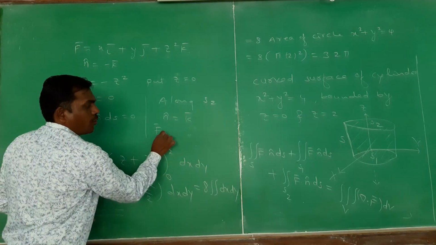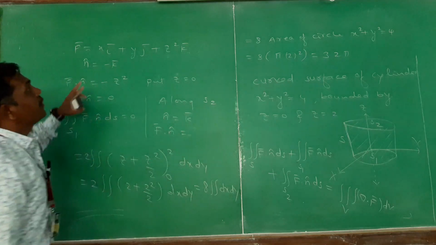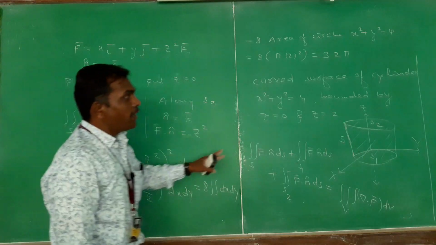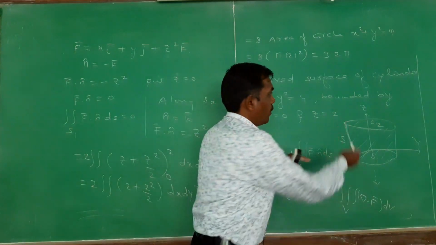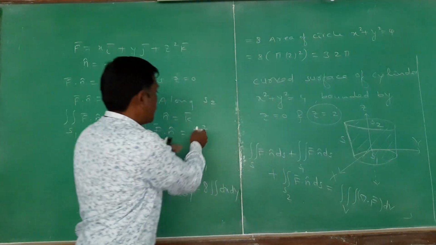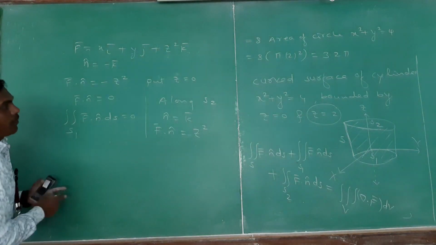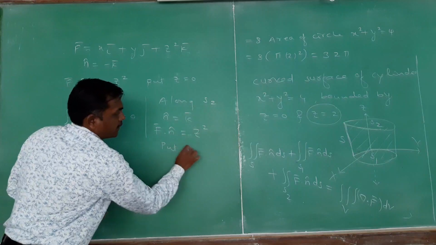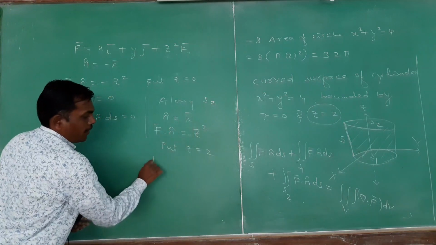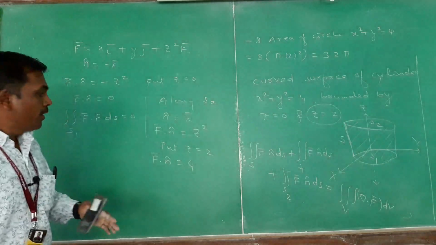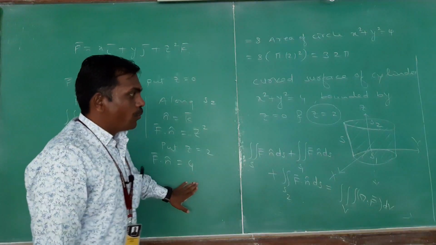So f bar dot n cap along s2 is equal to z square. Correct? But the value of z is 2, so put z equal to 2. So f bar dot n cap value is 4.